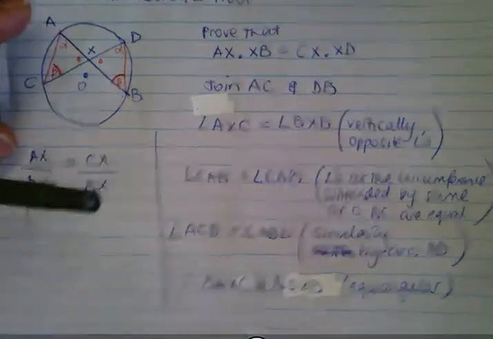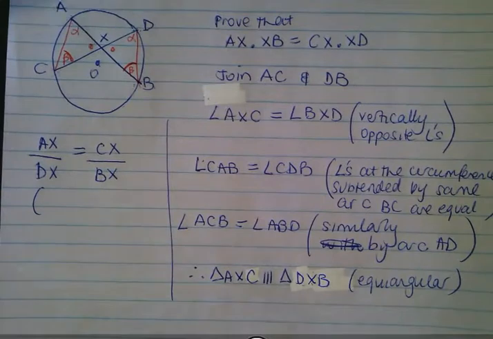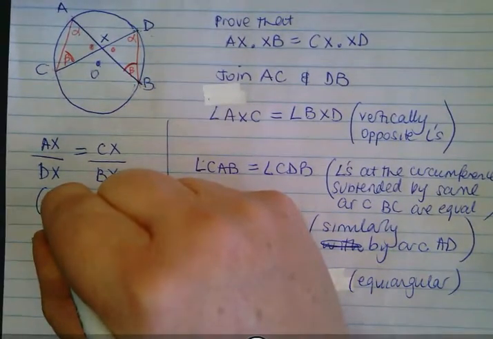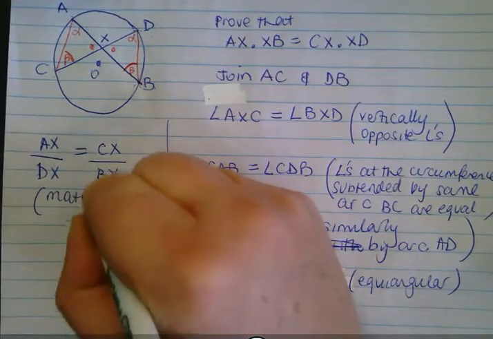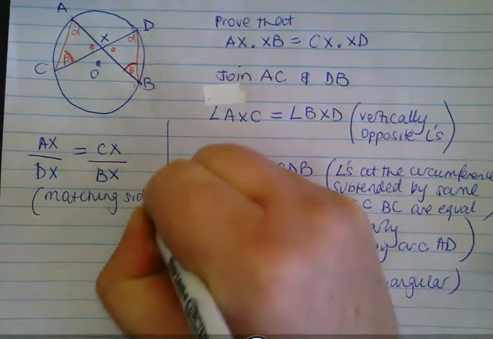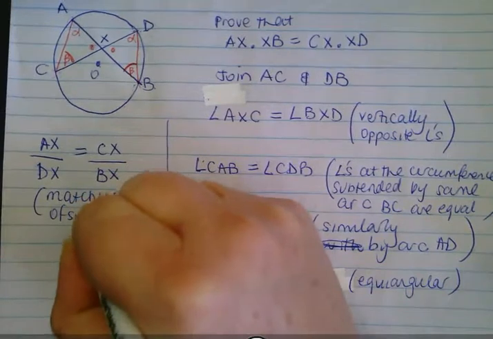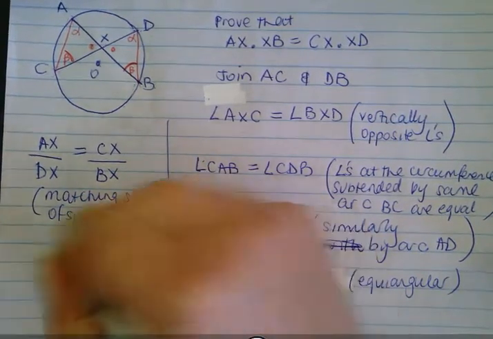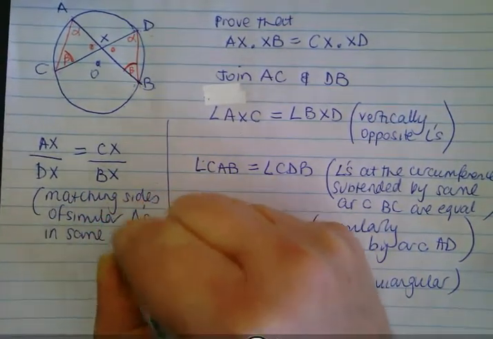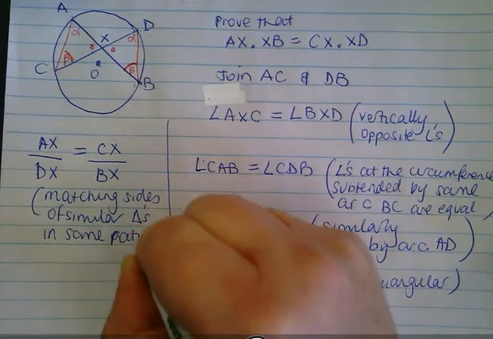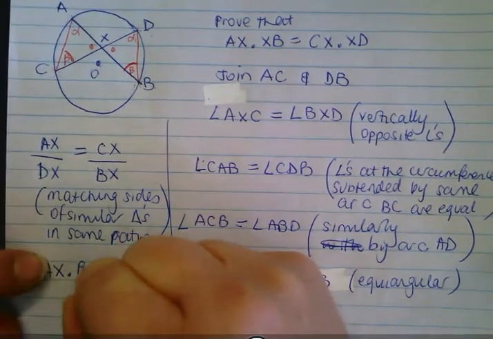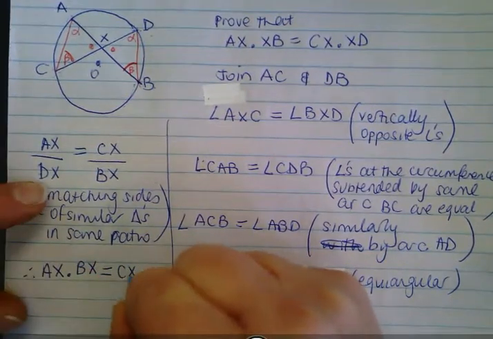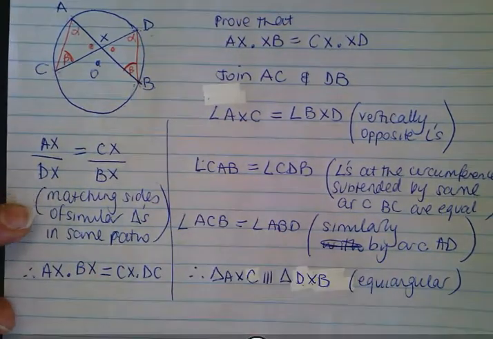Reason: corresponding or matching sides of similar triangles are in the same ratio or proportion. And so, just cross multiplying, AX times BX equals CX times DX. And there's your proof.